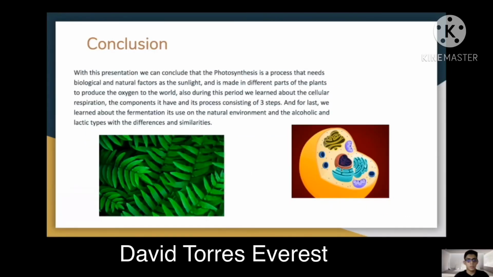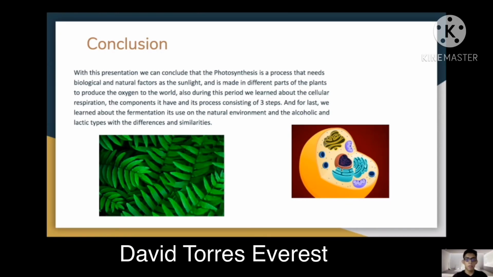So to summarize, we can say that photosynthesis is a process that plants need to make their own food and nutrients, and also produce oxygen by consuming water, sunlight, and carbon dioxide, and transforming them into glucose and oxygen.